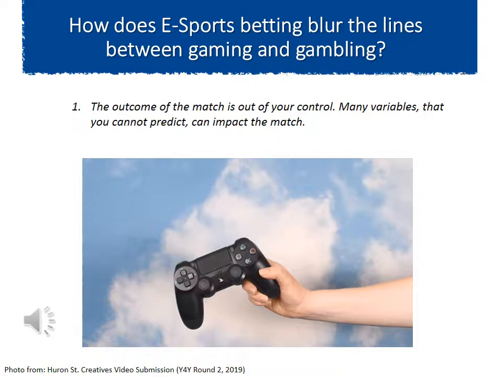For instance, what if the best player is feeling under the weather that day and has difficulty focusing, or maybe doesn't attend at all? What if the underestimated team has a new play strategy that no one knows about? There are many examples of factors that can influence the outcome of the game that cannot be predicted. Therefore, it's a risk because you cannot predict the outcome.